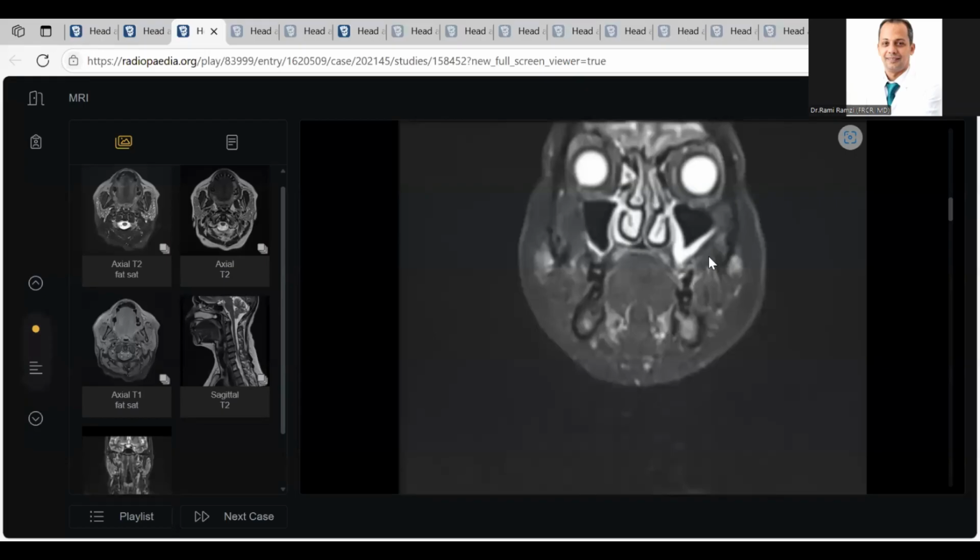Other differentials would be Warthin tumors, lymphoma as well, and viral parotitis. Time is over.